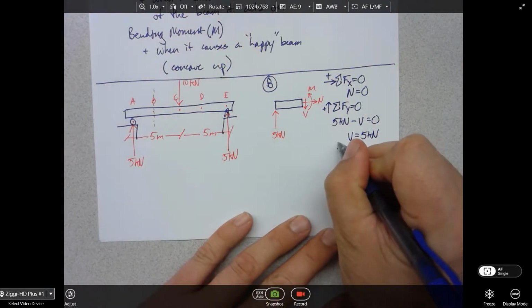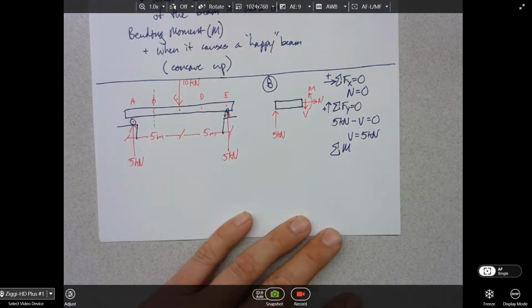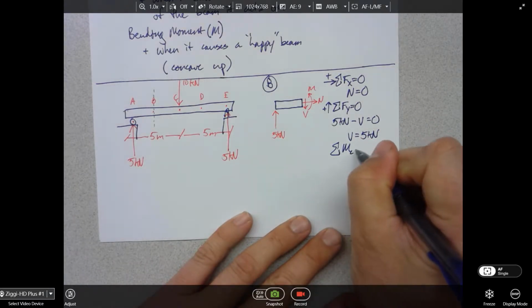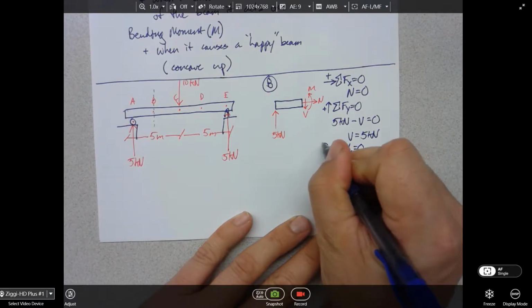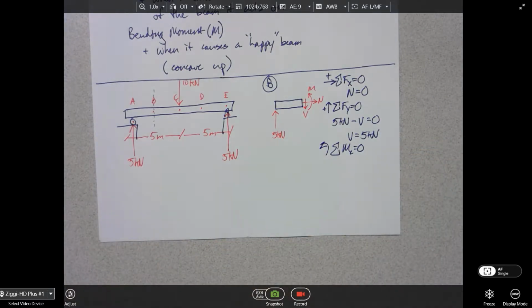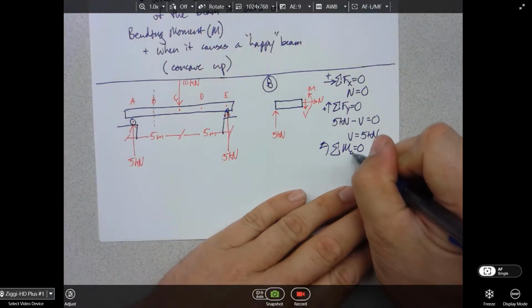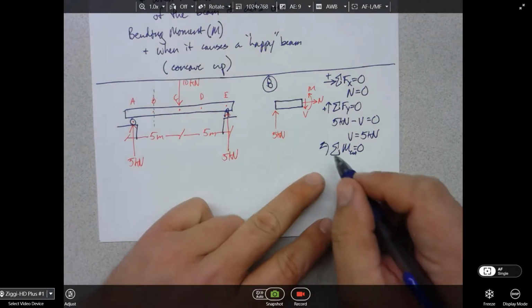And then let's sum the moments. We always sum the moments about the cut face. Okay? So I'm going to say about C, and that equals 0. I do mean C for cut face. So what are the moments about the cut?